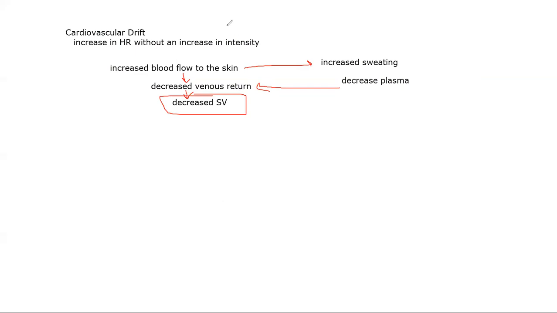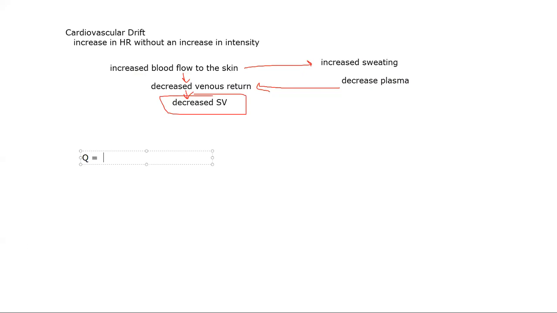So the issue is if we're maintaining our intensity, we need cardiac output to stay the same. Okay, if we're running at 6 miles per hour, we know what the oxygen requirement is for a 6 miles per hour run. We could calculate that, right? So cardiac output needs to stay the same to deliver that same amount of oxygen.